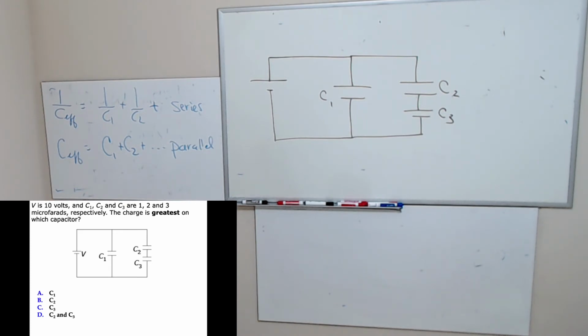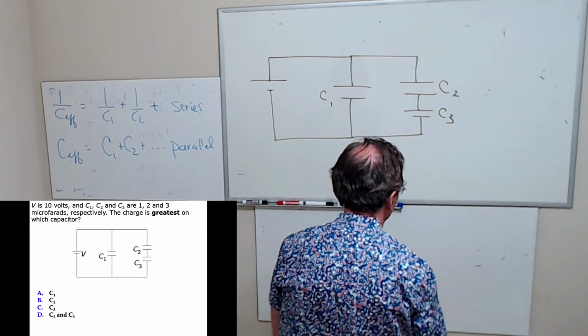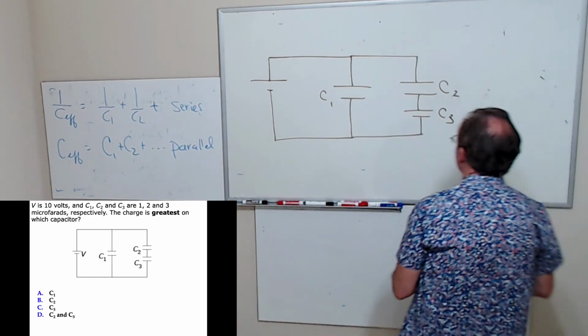So B and C are gone. So it's got to be either A or D. Okay, so that's the first thing. Eliminate those 2 choices.